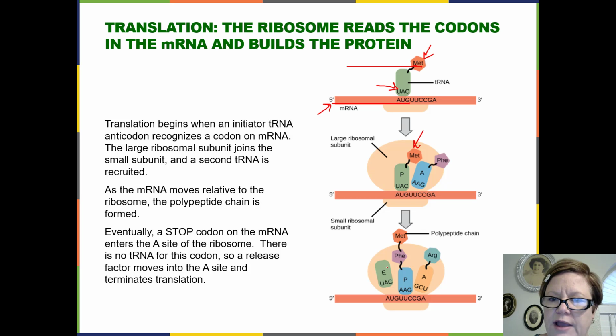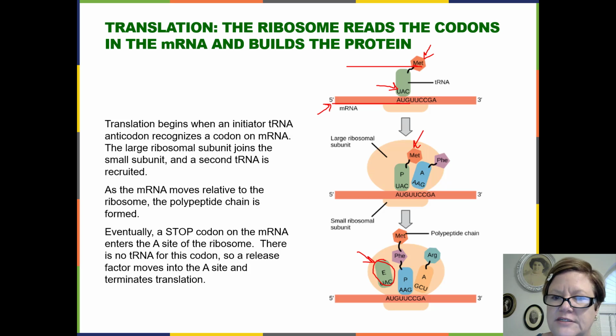And then the ribosome grabs that methionine, and so when the tRNA leaves through the E site, E is exit, it doesn't have that methionine attached to it anymore because the methionine is left behind.